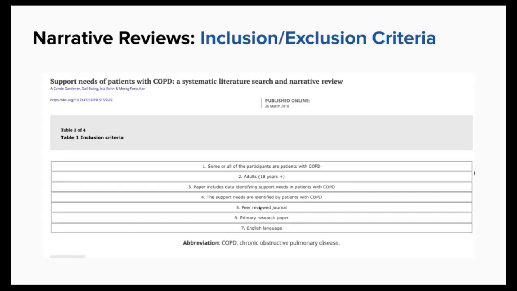And the support needs are identified by patients with COPD. So you can see that their inclusion and exclusion criteria is a little bit more nuanced than the previous examples that we've given, because of these very specific criteria relating to their research question. So they're interested in support needs, and they've established an inclusion and exclusion criteria around that particular topic.